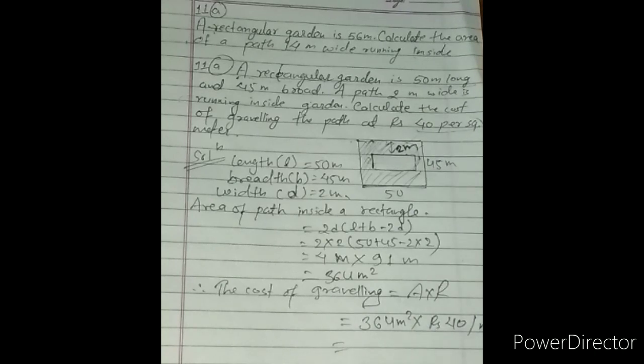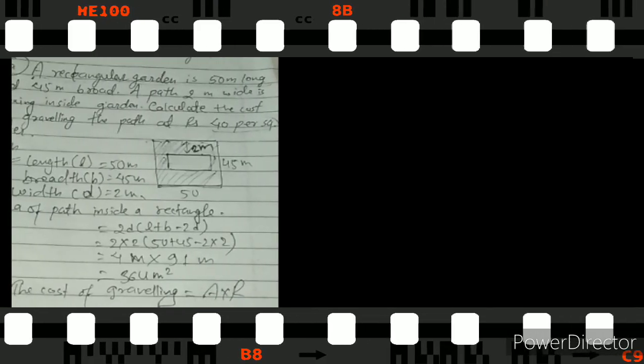Now this meter square can be cancelled. We can multiply 364 into 40, 14560 rupees. First of all find the area and then multiply by rate. We will get total cost of graveling. Okay, let's solve the next question.